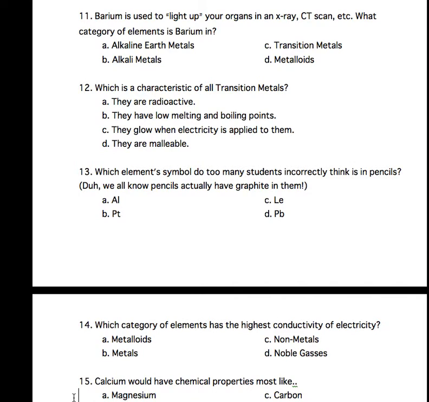Number 12. Which is a characteristic of all transition metals? Is it A, they are radioactive, B, they have low melting and boiling points, C, they glow when electricity is applied to them, or D, they are malleable?